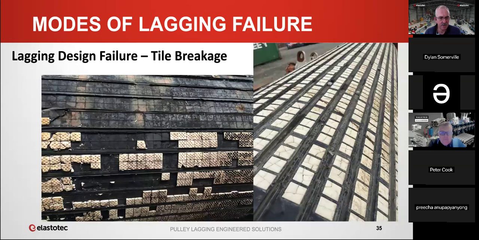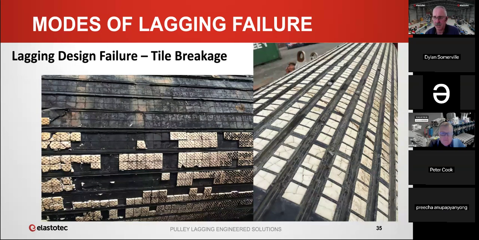Also, if you look at this, when the tiles are actually touching each other, this photo on the left, what that means is that the ceramic tile is only bonded to the rubber on the back. So just in a flat plane on the back, there's no bonding on the sides.